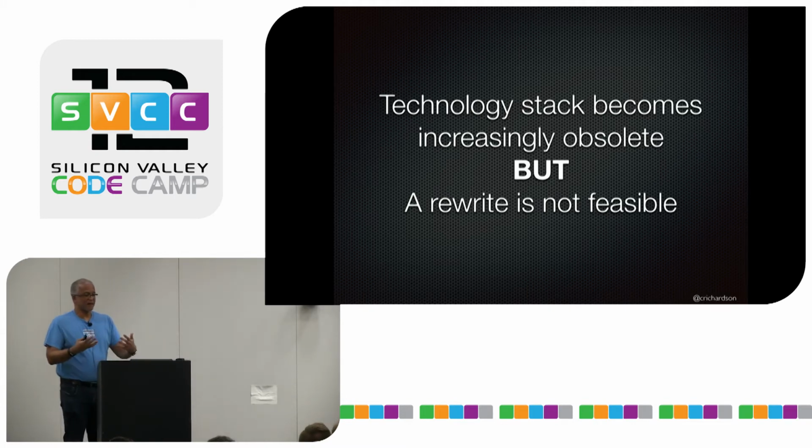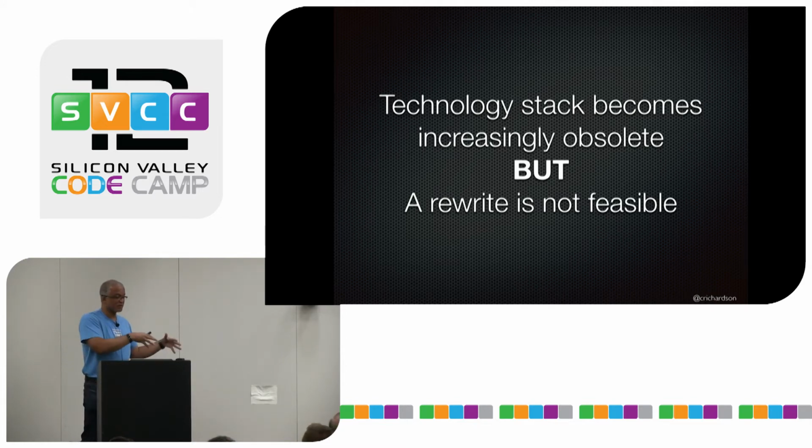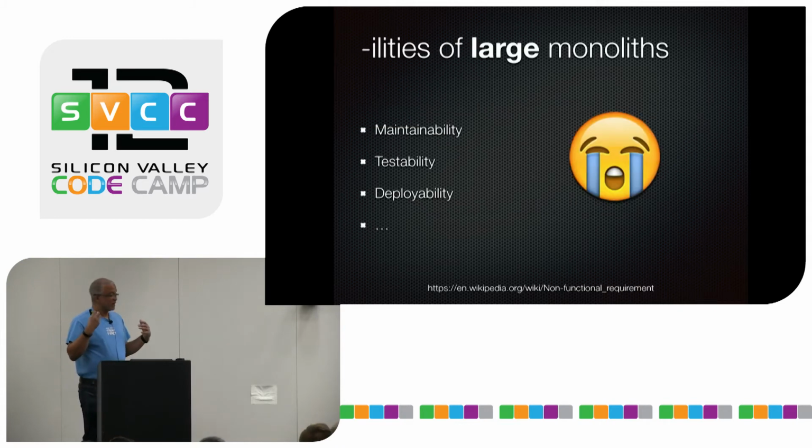I've talked with clients that can't even upgrade to the latest version of the Spring framework, even though Spring is very backwards compatible, because they're using an old version of, say, an ORM library, and the new version of Spring needs the newer version, and so you just get stuck in the past. So you're in this very painful place, and so your ilities are bad, right?